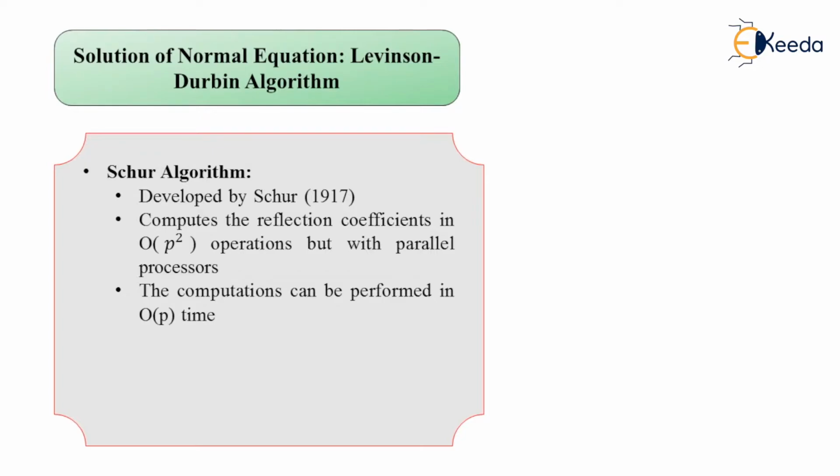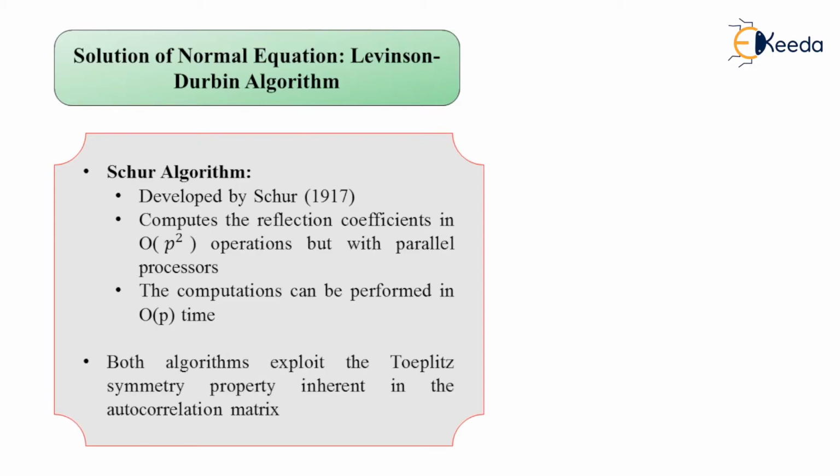It was developed by Schur in the year 1917 and it computes the reflection coefficients in O(p²) operations, but with parallel processes the computations can be performed in O(p) time. So let us begin to describe the first type of algorithm, the Levinson-Durbin algorithm, and the Schur algorithm we shall address in the next video.